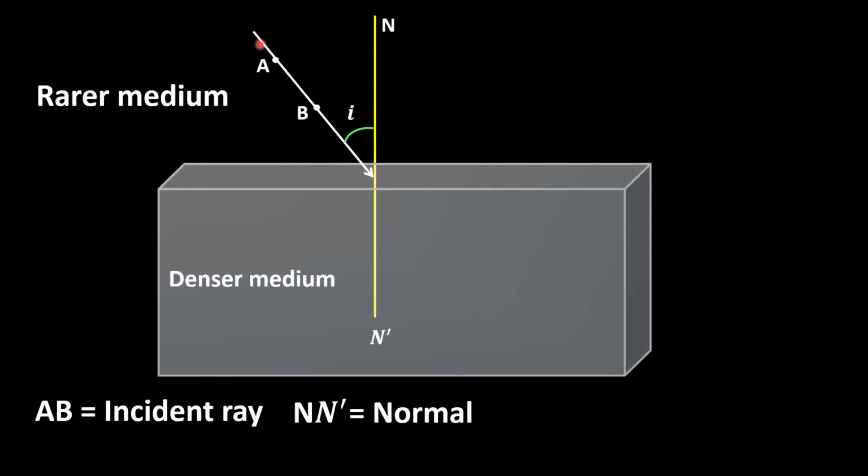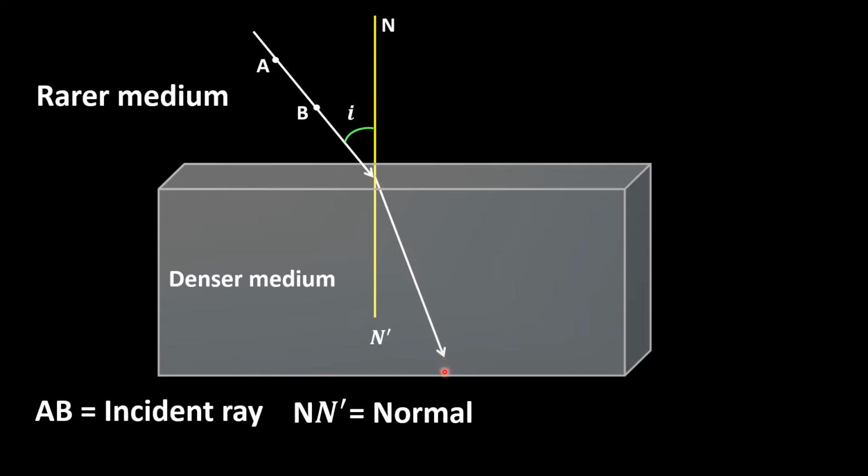This ray of light is entering from rarer medium into denser medium, so it bends towards the normal. You see here, it has bent towards the normal. That means this ray would have gone like this if the glass slab was not there, but it is bending and has changed its direction.